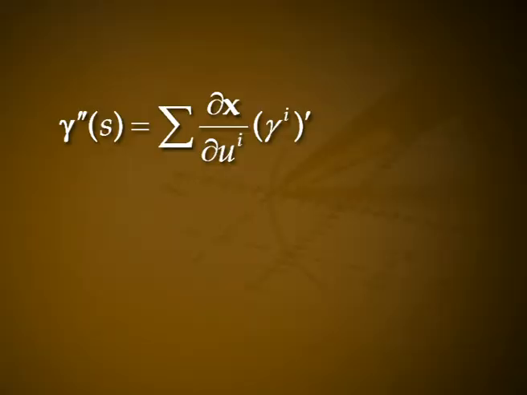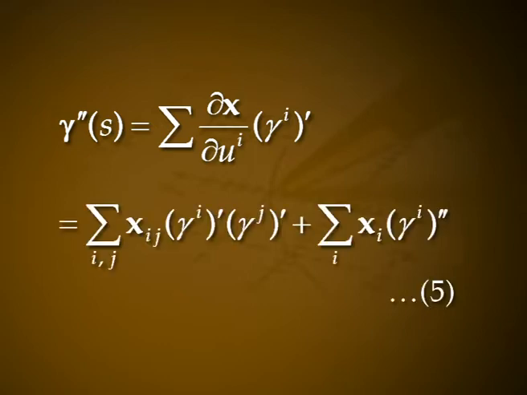This equation and equation 4 imply gamma double dash(s) is equal to the sum over ij of x_ij gamma i dash gamma j dash plus the sum over i of x_i gamma i double dash, equation number 5.